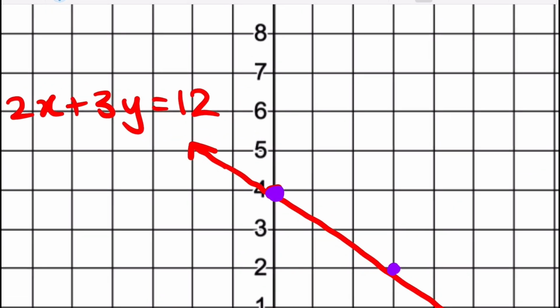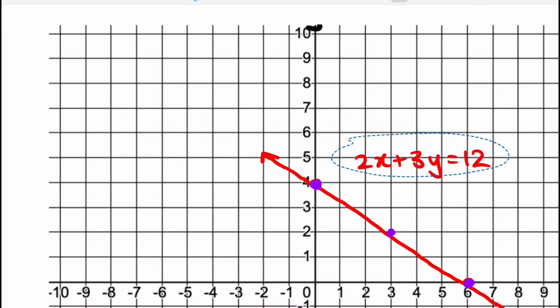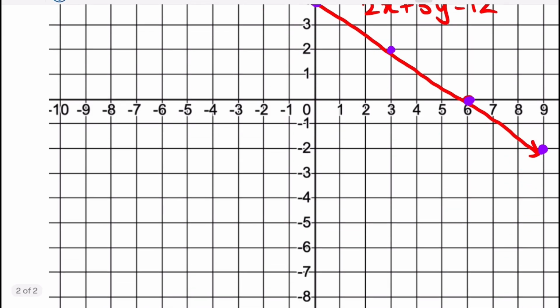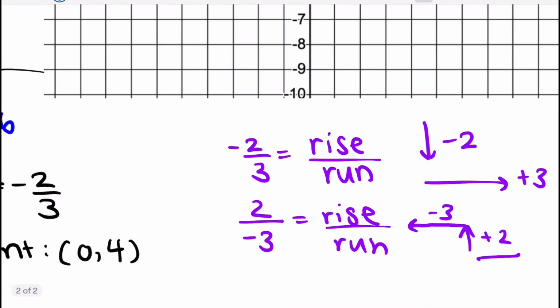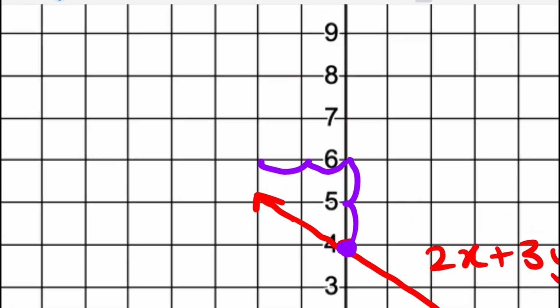So we're going to go 2 units up because now our rise is positive 2. And then our run is negative 3, so we're going to go 3 units to the left. So our next point would be here.